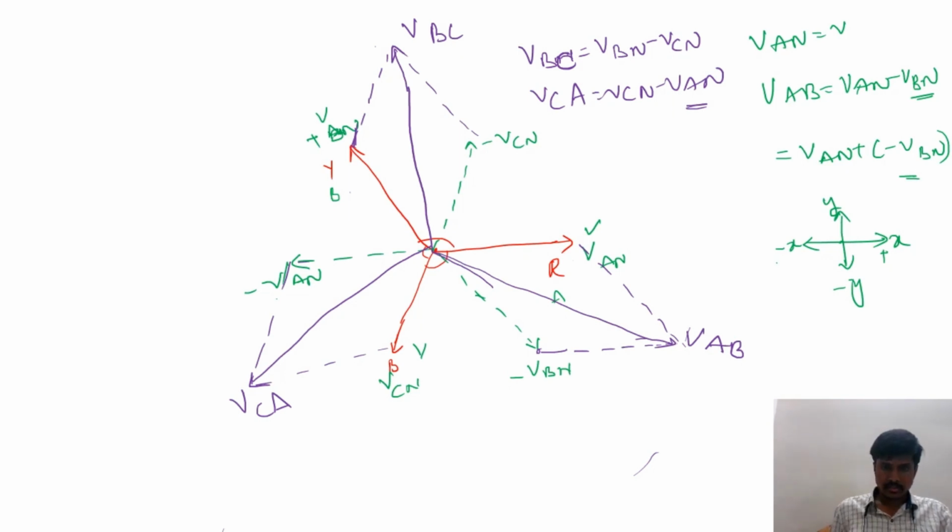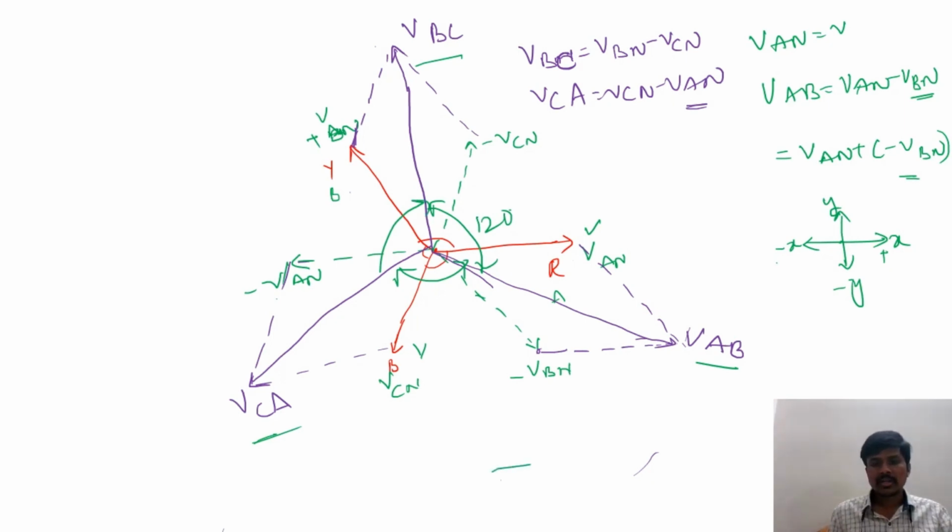So here whatever line voltages you got, VAB, VBC and VCA, these three line voltages are also having 120 degrees phase displacement. Then only is the phasor representation going to be correct, otherwise it is going to be wrong.